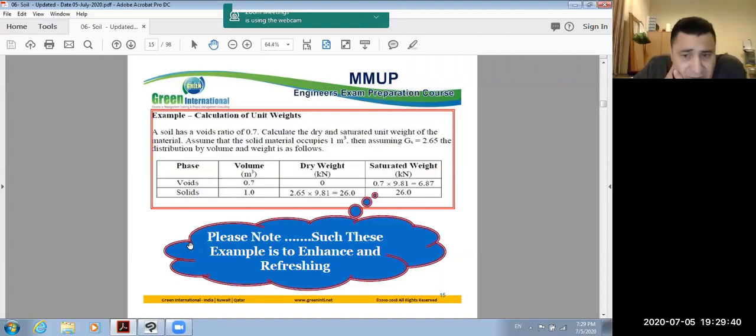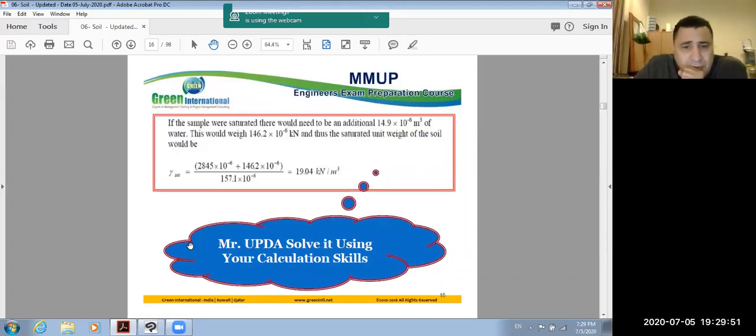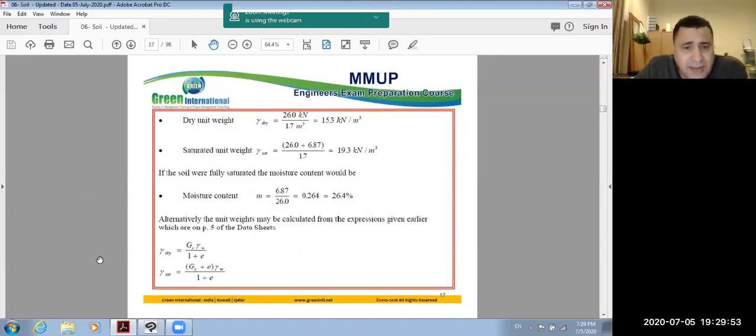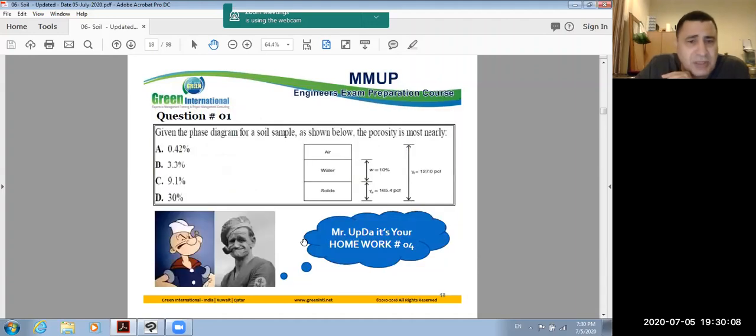Please note this example is to enhance and refresh; it is not coming in your exam. What comes in your exam, you will see right now. You have all the answers, and you can use these formulas and go to Google to further enhance your soil mechanics knowledge, but this is more than enough.